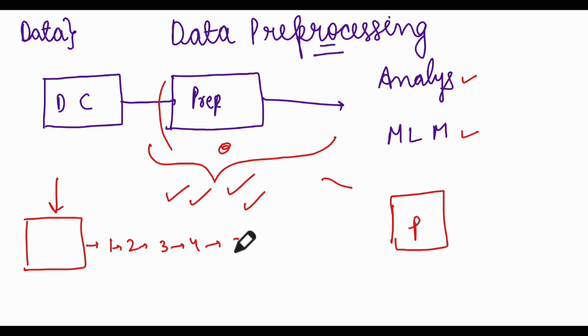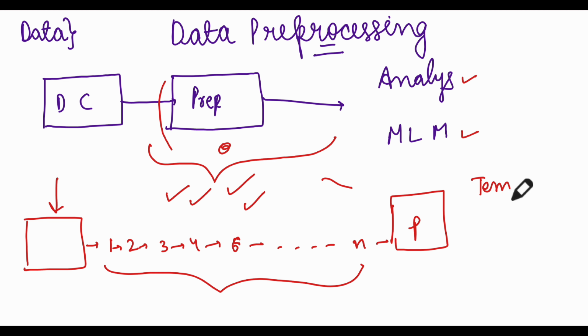Okay, 4, 5, 6 up to, let's say, n, right? These are the certain steps that I need to follow. Now in between I can skip some of the steps which are not required for that particular scenario, but we should have a good template, right? So that is something we will target, creating a good template for data pre-processing.